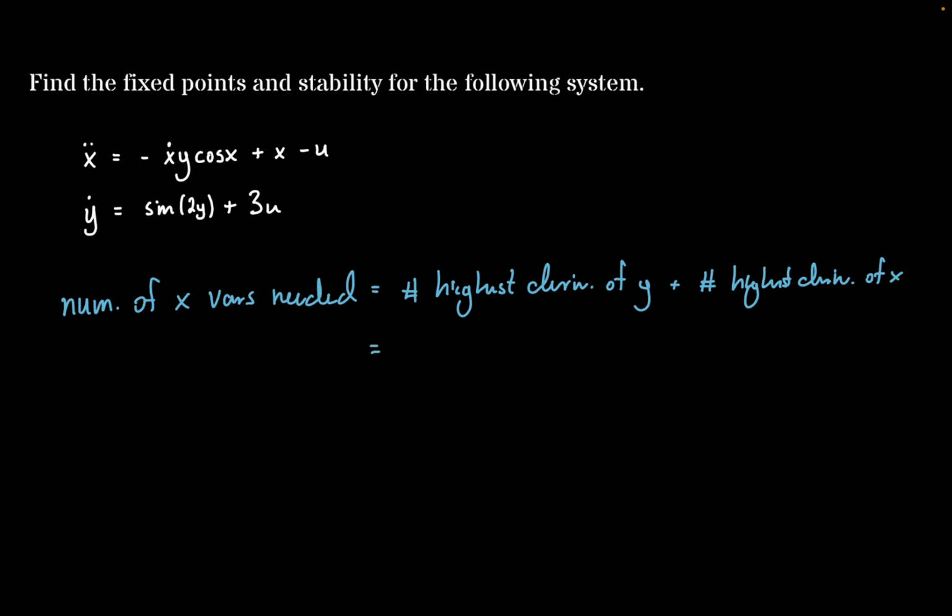So looking back at our equation and looking for the y's, the highest order derivative we have for y is just the first derivative, so we'll write down 1. And for x, the highest order derivative that it has is 2, so we'll write down 2. That means we're going to need a total of 3 x variables to describe our system.